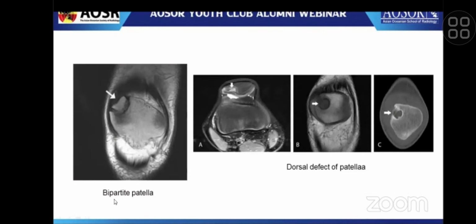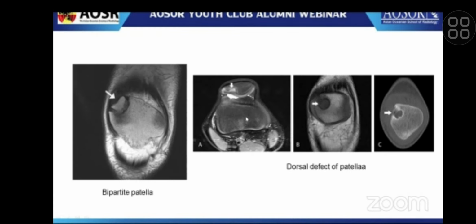bipartita patella, that should not be confused with fractures, and dorsal defect of the patella, like in this case, is a well-defined and delineated defect at the articular side of the patella, with normal cartilage.